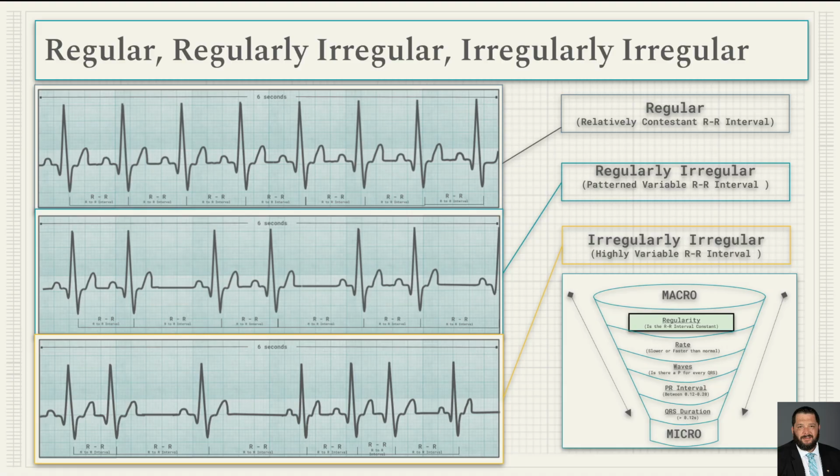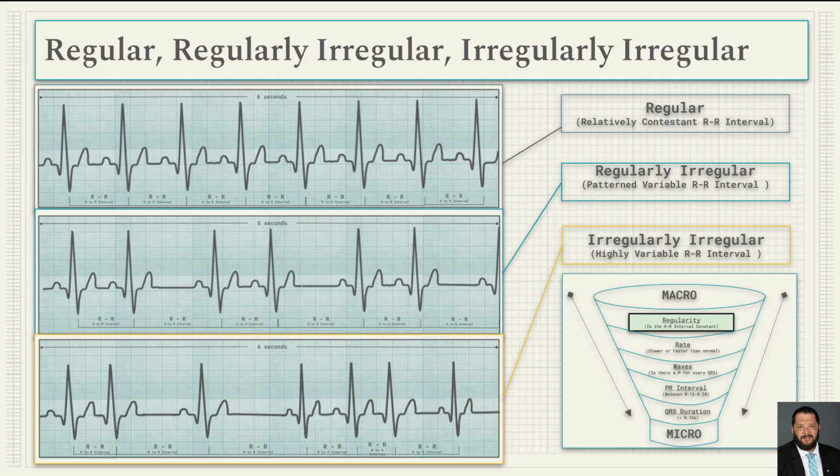You may also have a case where something is regularly irregular. This is a variable R to R interval, as seen in the middle ECG strip on the screen, but it's patterned. You can see here that each 2 QRS complexes have patterned irregularity. This is regularly irregular. The third choice for your regularity is irregularly irregular.